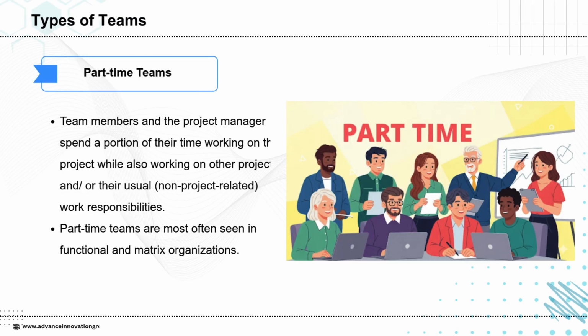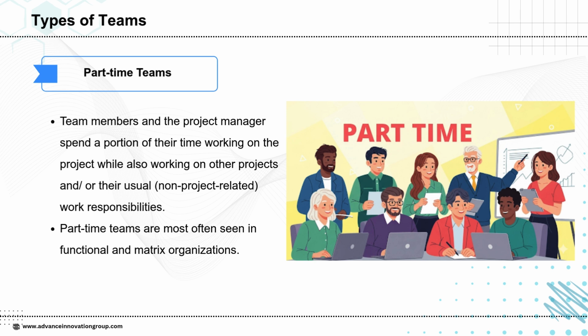Another type of project team structure is the part-time team. In this setup, team members and sometimes even the project manager spend only a portion of their time on the project. Along with project work, they continue to perform their usual responsibilities or may also be engaged in other projects. This type of team is most often seen in functional organizations and matrix organizations where resources are shared across different functions or multiple projects.